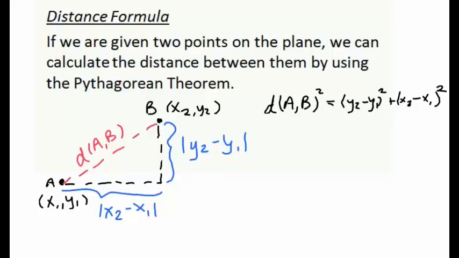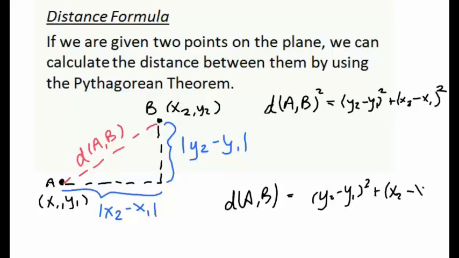And if we want to find d(A,B) all by itself, we can of course take the square root of the right-hand side, and we get the following formula: the square root of y2 minus y1 squared plus x2 minus x1 squared. Now here, because distance is positive, we're going to take the positive square root and ignore the negative square root when we apply our square root.